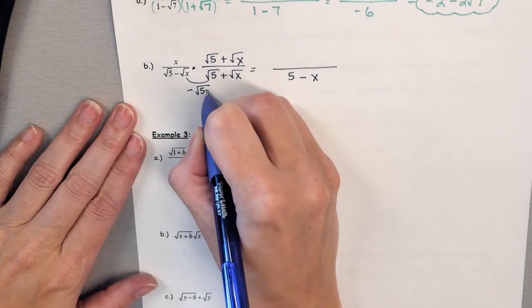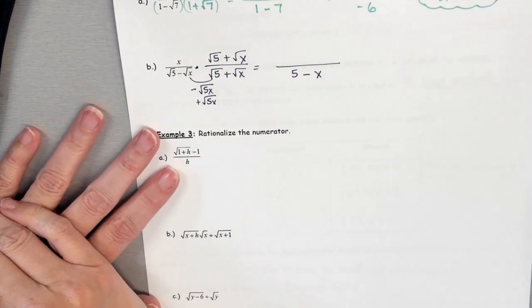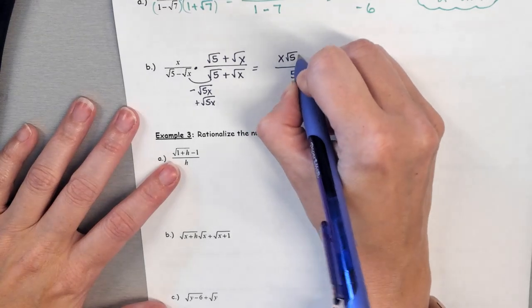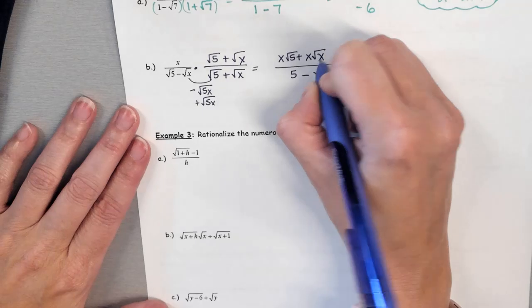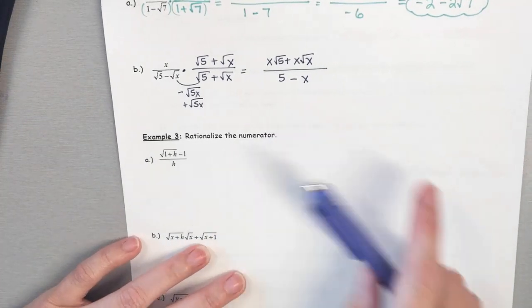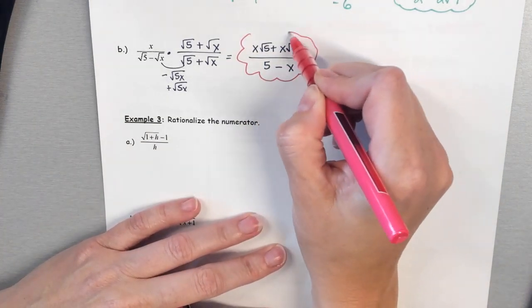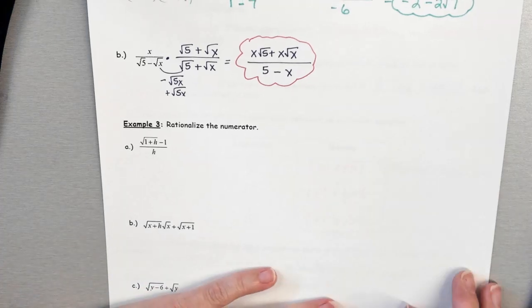Square root of 5x. Okay, because they're both under the square root, so you could do that. Okay? And then on top, you'd have x root 5 plus x root x. Okay, and you could leave it like this for this case specifically. Did any of you factor out the negative? Because you could do that too.